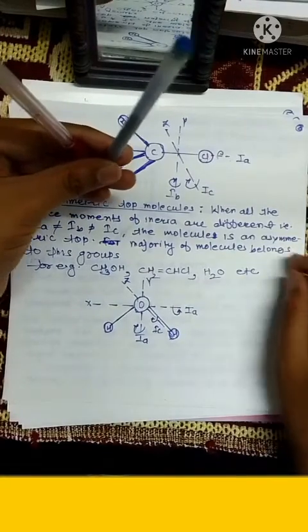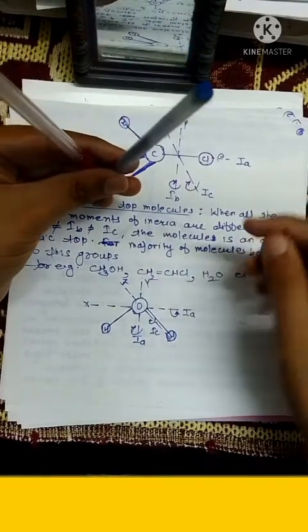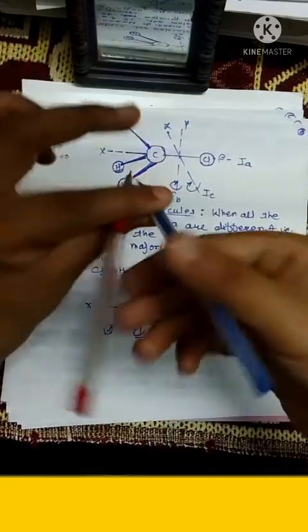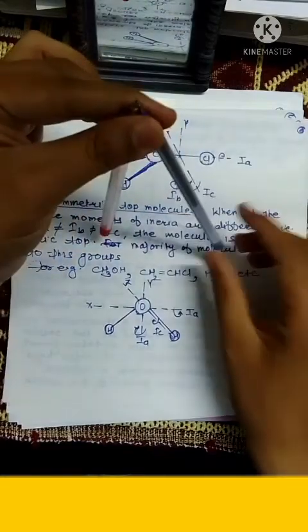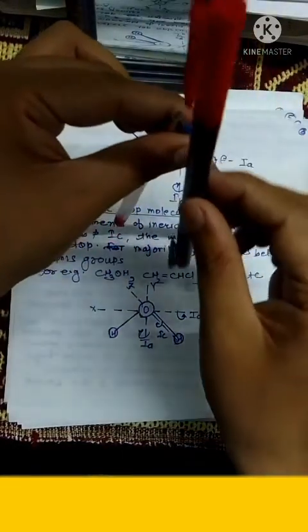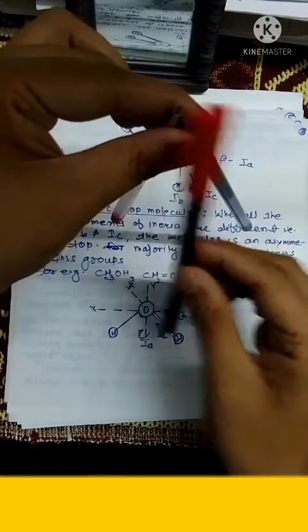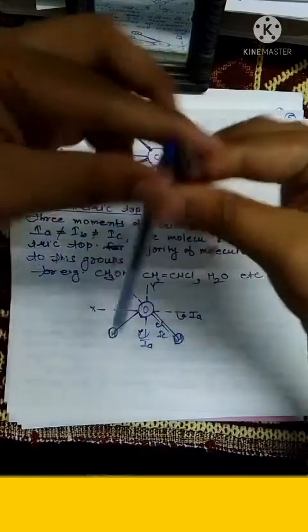So now what happens when we rotate this molecule? It is your previous position. If we rotate this molecule, let this be your y-axis. What happens if we rotate this molecule along y-axis?